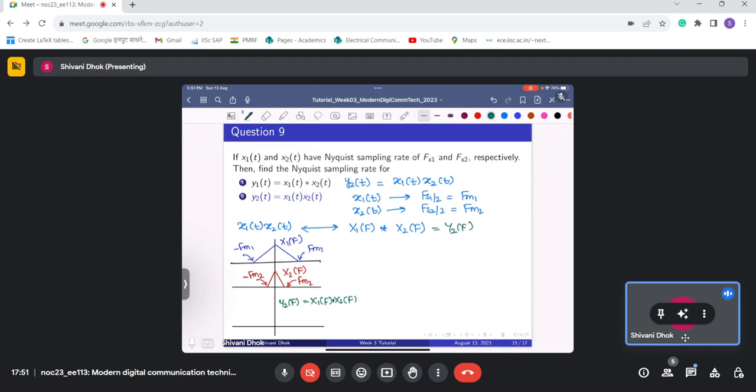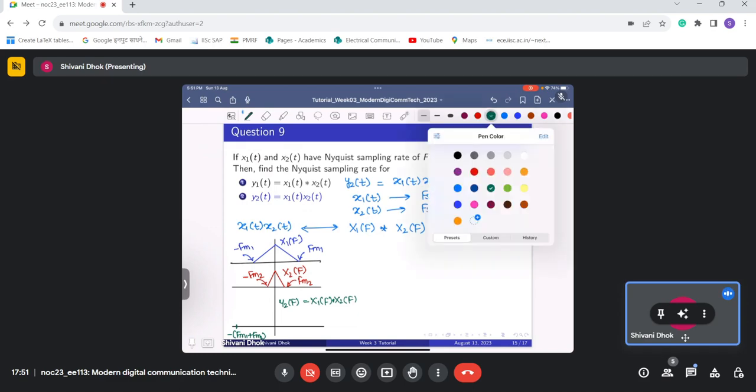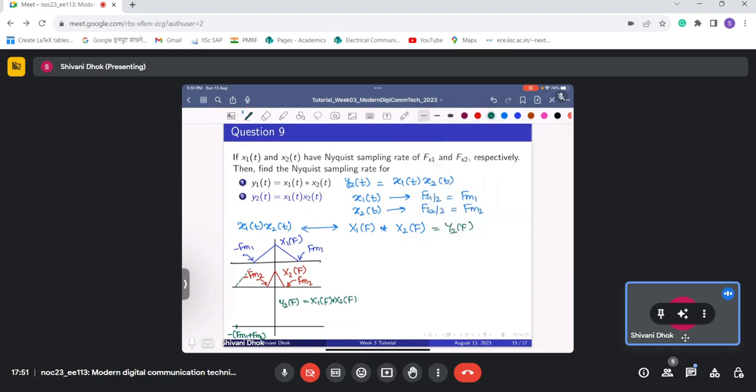Once flipped, shifted and added, the overlap will start from a point which is minus fm1 plus fm2. If you flip, this remains the same. So the overlap will start at this point somewhere here, like this. This will be the shift that we'll be having, and this point will be minus fm1 plus fm2.